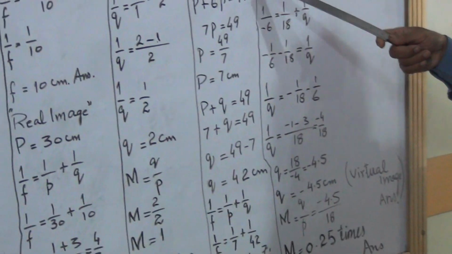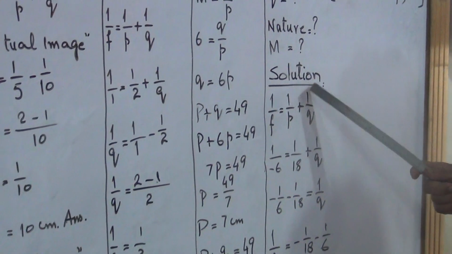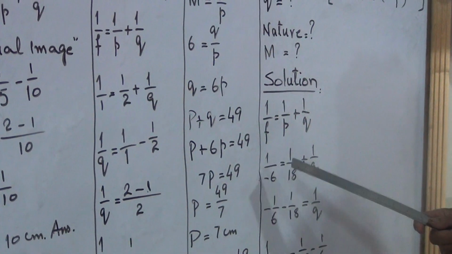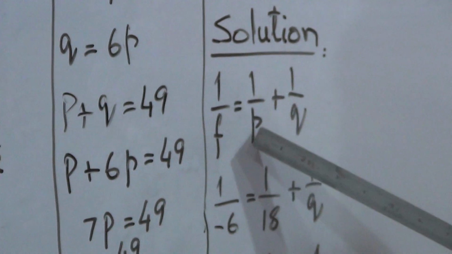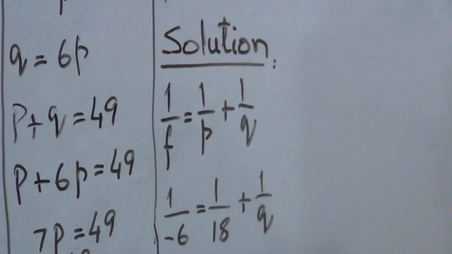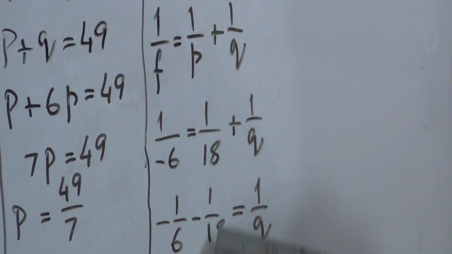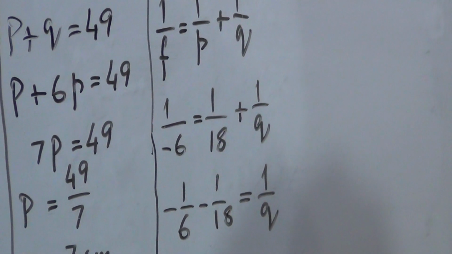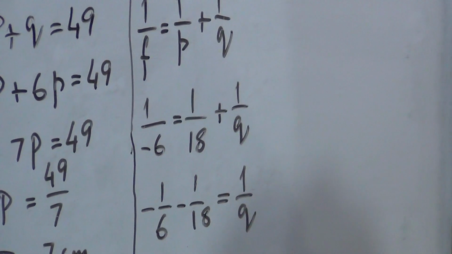So by applying this formula, 1 upon f is equal to 1 upon p plus 1 upon q. Now 1 upon f means 1 upon minus 6 and p is 1 upon 18 plus 1 upon q. Now 1 upon q is equal to minus 1 upon 6 minus 1 upon 18, or 1 upon q is equal to minus 1 upon 18 minus 1 upon 6.